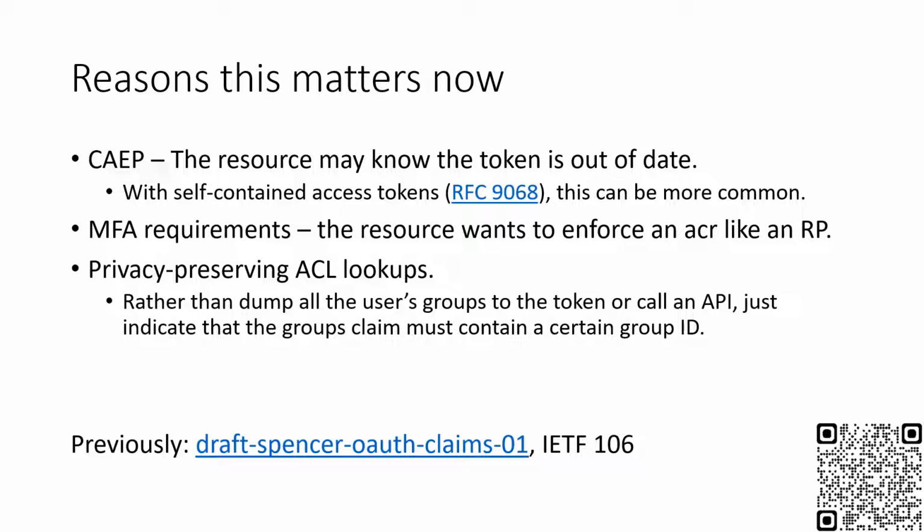MFA requirements, so enforce ACR, AMRs, anything that says I need a better standard of proof for who you are before I'll let you access this API. And finally, these are some longer term items, but things like looking up what group somebody is in. Today, a common pattern is dump all of the users' groups into the token and then let the API sort it out.